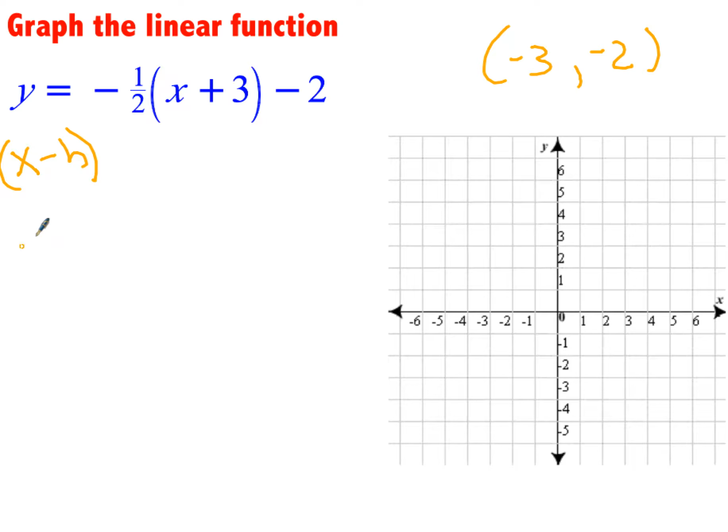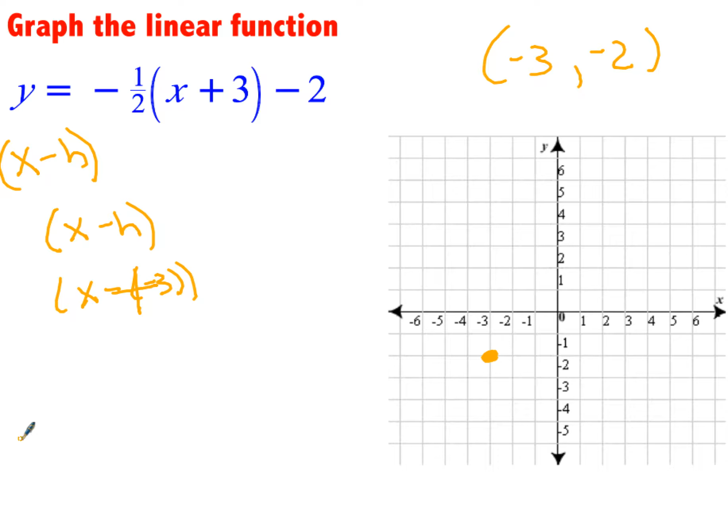The reason why is if I plugged into my original HK format, x minus h, if I were to plug in x minus -3, negative plus a negative actually becomes positive, so I'll get this value right here. So here's my starting point, so I'm just going to plot that real quick. -3, 1, 2, 3, -2, 1, 2.